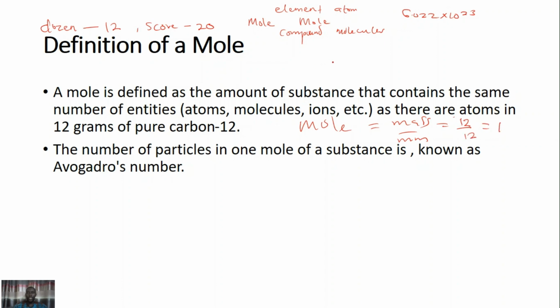So the amount of substance that contains the particles contained in 12 grams of carbon-12 is 1 mole. That's just what this definition is talking about. Now this 6.022 times 10 raised to power 23 that I kept on repeating is what is known as Avogadro's number.